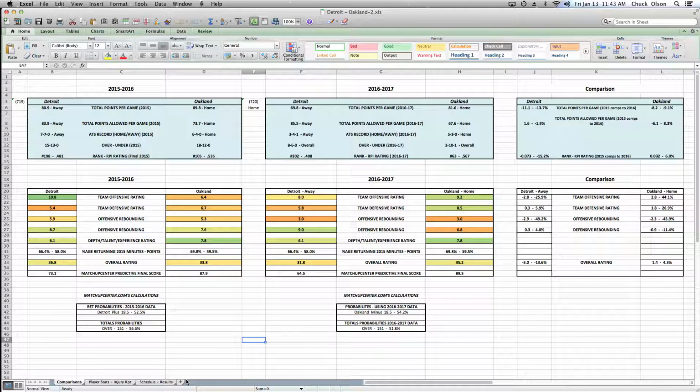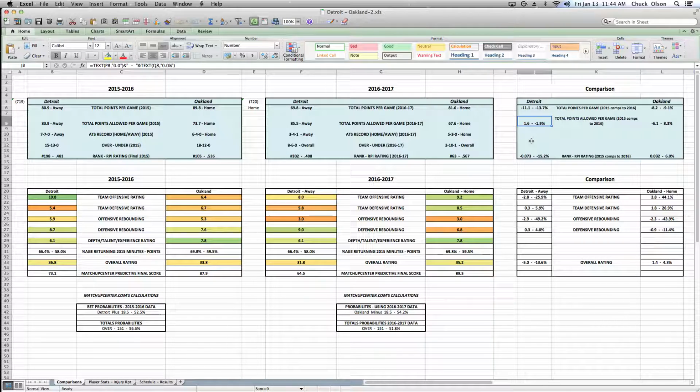What we're going to look at here, first of all, is the 2015-16 season and the 2016-17 season, and comparing those two. I'm going straight to this board here because this takes this information and gives me some knowledge. Number one, Detroit is scoring 11 points less, or a 13.7% decline in scoring.